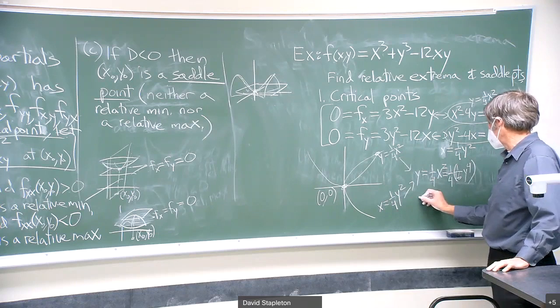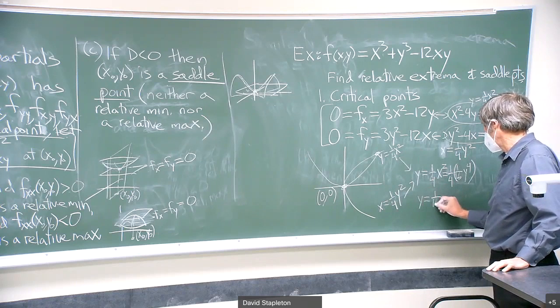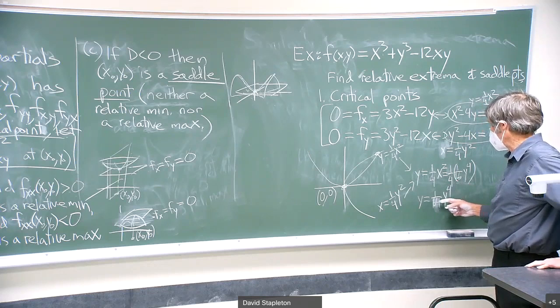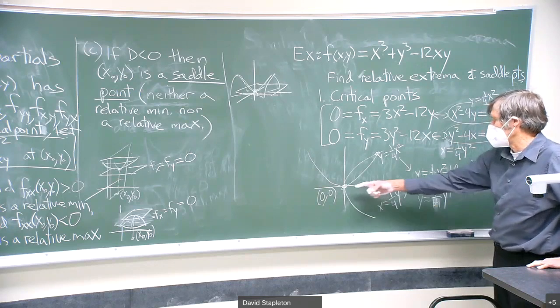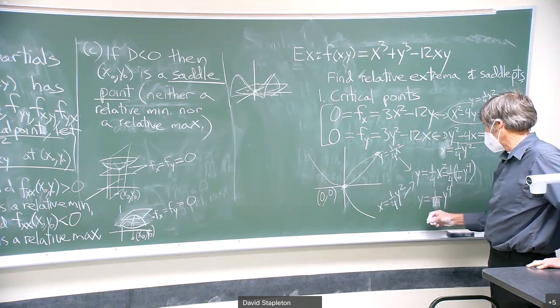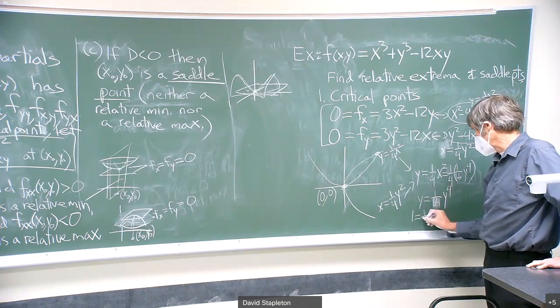I then have that y equals 1/64 y to the 4th. Now, you have to be careful because the thing to do here is to divide through by y, but that throws out the solution y equals 0. So we already checked the solution where y is equal to 0. That's just the origin. So now we can divide through by y without losing any solutions. We'll say 1 equals 1/64 y cubed.